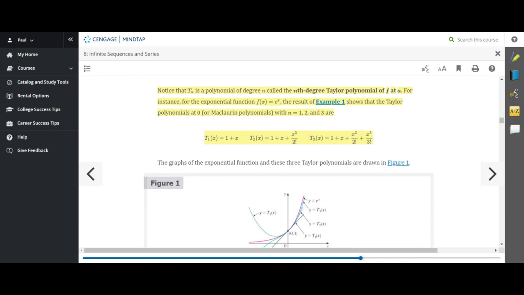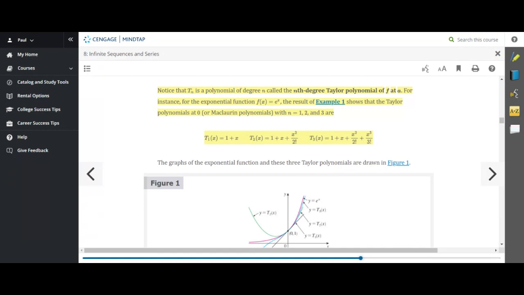That's the linear approximation. The quadratic approximation T sub 2, a polynomial of second degree, is 1 plus x plus x squared over 2 factorial. The third Taylor polynomial approximation to the exponential function is 1 plus x plus x squared over 2 factorial plus x cubed over 3 factorial.